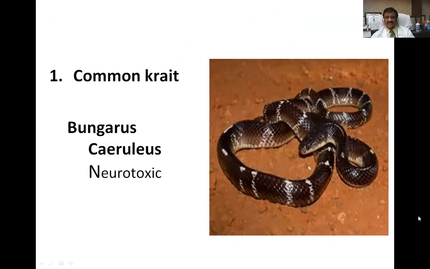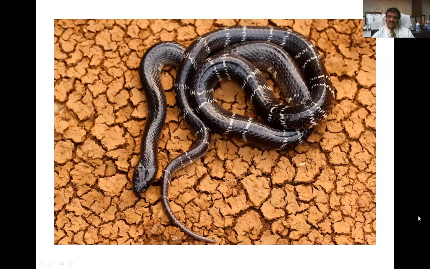Now let's see the examples of various kraits. Common krait, Bungarus caeruleus. This snake is neurotoxic, and here is a picture for you to see the common krait. Another picture you can see of the common krait. As compared to the banded krait, the stripes present on its body are smaller.